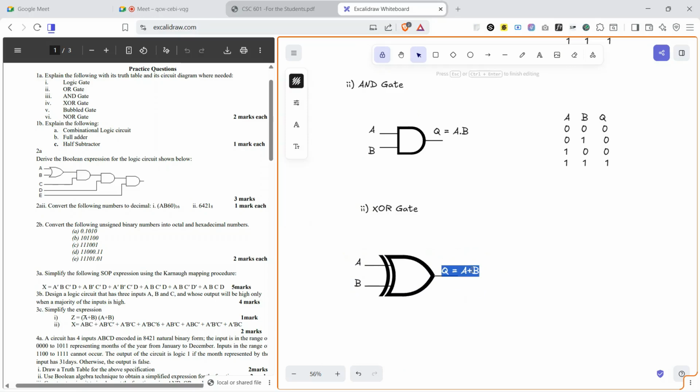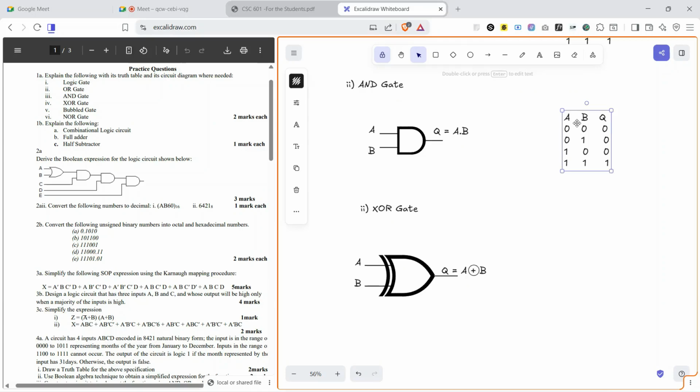But here, give me space here. Because it's an exclusive OR, there's a circle. So that's A exclusive OR B.